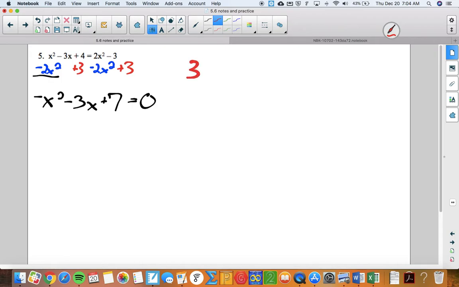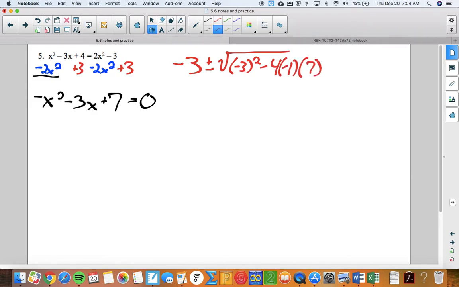So the opposite of b, plus or minus the square root of b squared minus 4 times a times c, all over 2 times a, so 2 times negative 1.